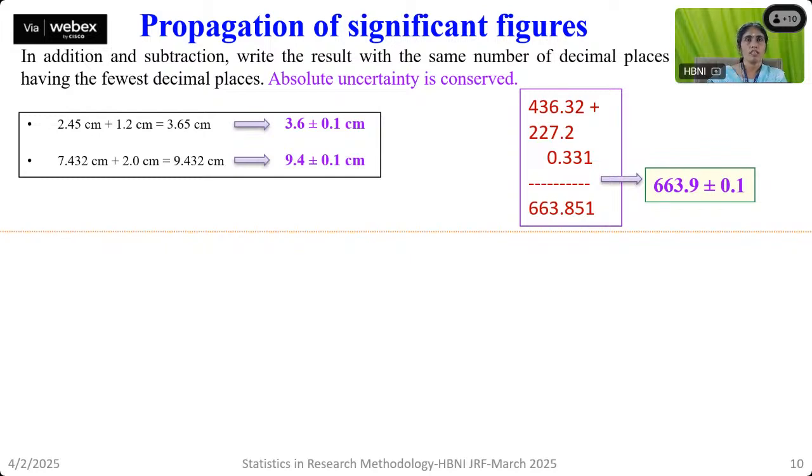Before proceeding for the propagation of significant figures or uncertainty, you have to see that the parameters on which we do these operations have the same units. If not, make the units uniform, then proceed with the mathematical operations.